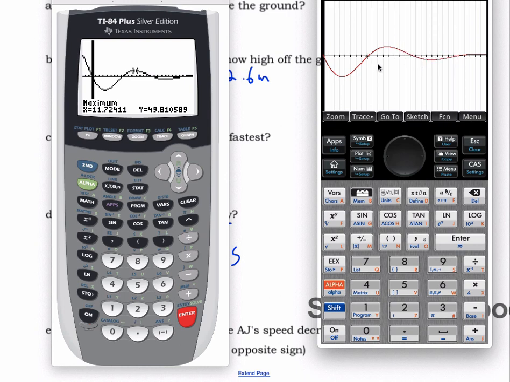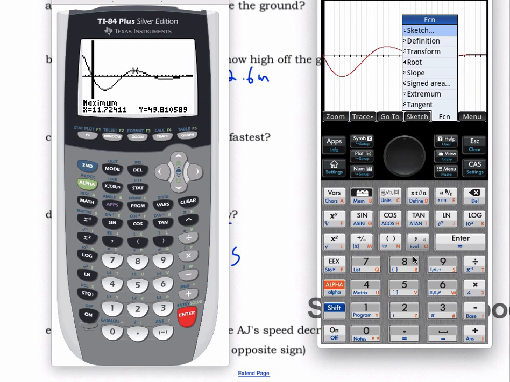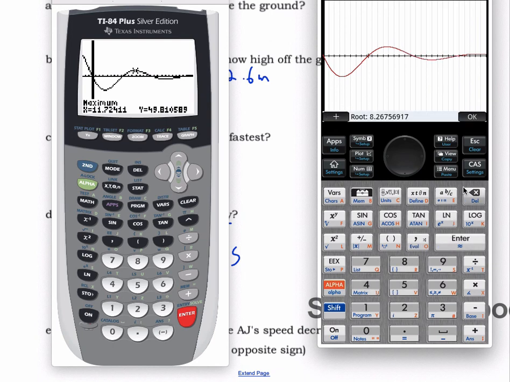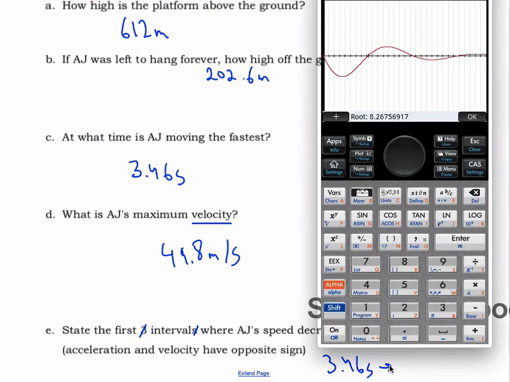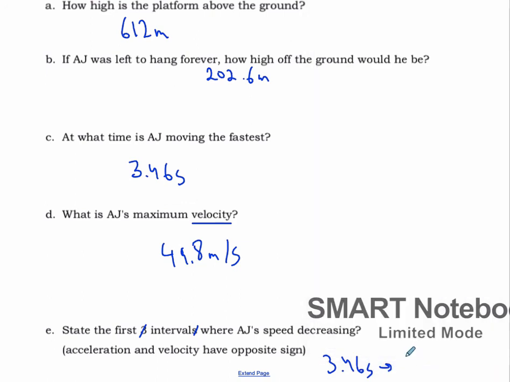Oops, let's click on here first and then go to root. Okay, so that is, root is 8.27. Okay, so it's from 3.46 seconds to 8.27 seconds.